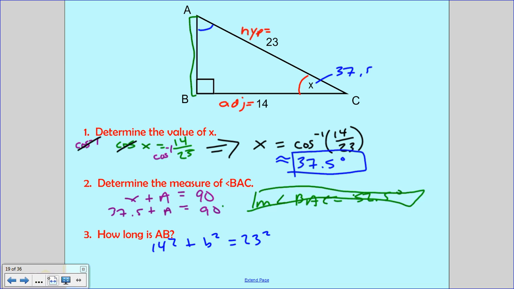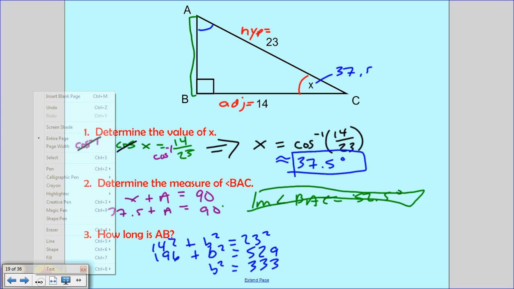So 14 squared is going to be 196, and 23 squared is 529. Then you have to subtract 196, so b squared is equal to 529 minus 196, 333.